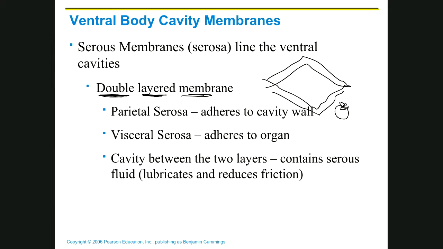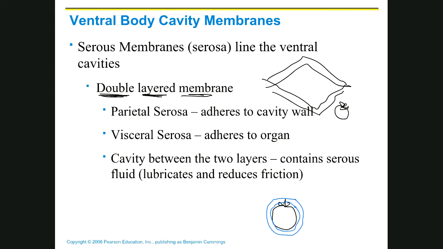So it's not one layer, it's two layers. Well, if I take this apple and I wrap it in a double layer of membrane, so here's one layer, and then there's another layer. It's a double layered membrane.